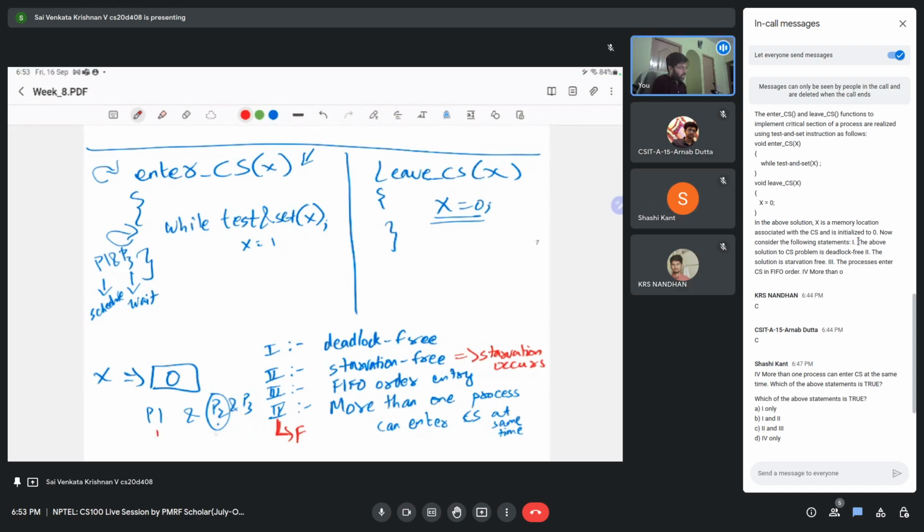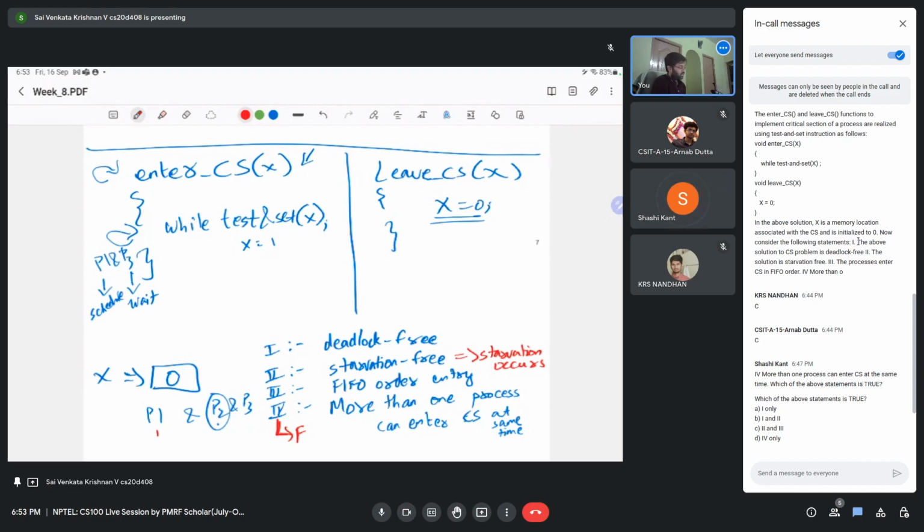Say P2 again joins the waiting queue, and once P1 exits the critical section, P2 again gets it, and then P1, then P2, without giving a chance to P3. It depends on the scheduler and all those things, right? So starvation might occur in that case. So the second option, starvation free, is wrong. In that case, options B and C can be ruled out.